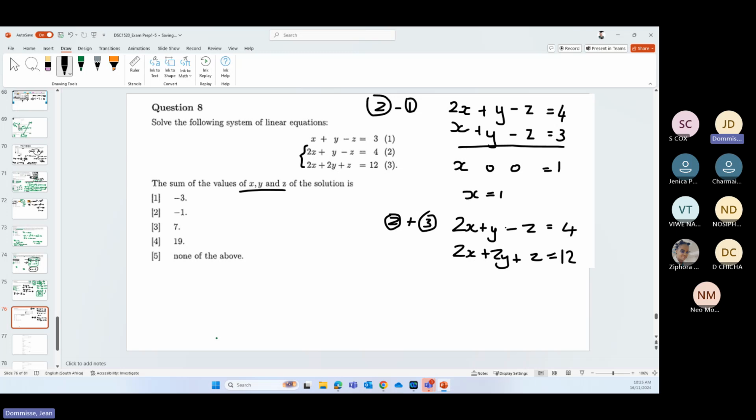So if I add, 2x plus 2x is 4x. Y plus 2y is 3y. Minus z plus z falls away. 4 plus 12 is 16. I know the value of x, that is 1.